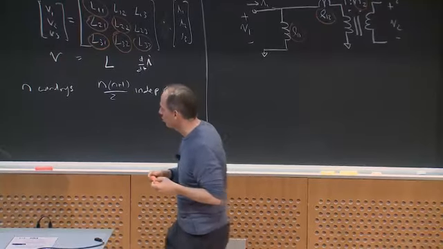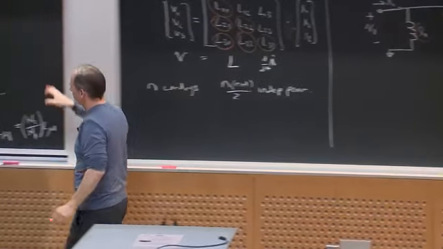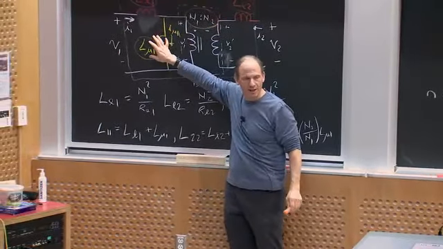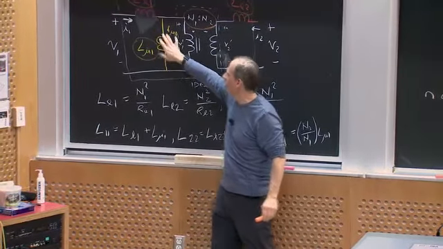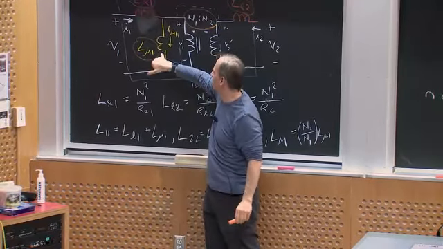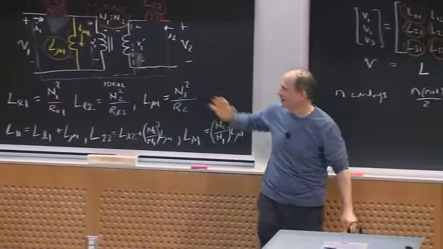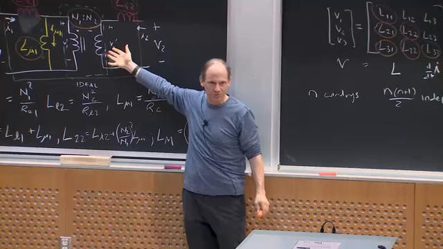And by the way, I should have warned you before, if I have this model for a 2x2, what I know is that all of L leakage 1, L mu 1, and L leakage 2 have to be positive inductances. Why? Because they each represent some energy stored in space.